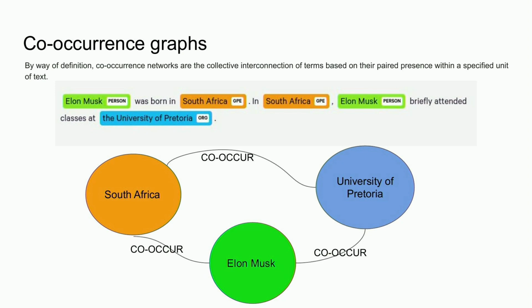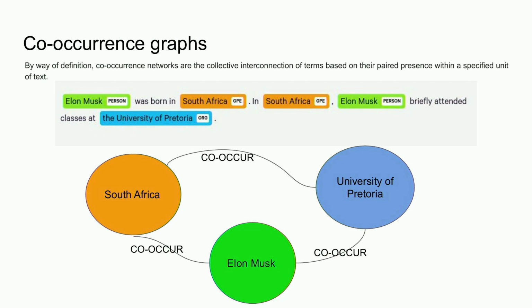So co-occurrence networks for graphs are basically when you infer relationships between a pair of entities based on their presence within a specified unit of text. For example, we could say that if two entities co-occur or are present in the same sentence, then we say that they are somehow related.